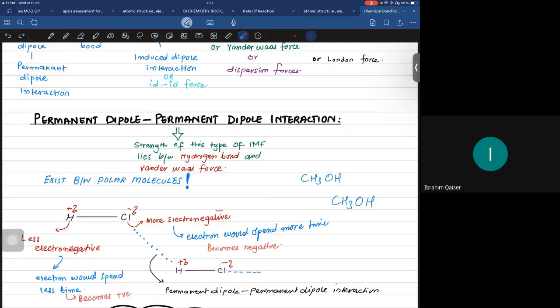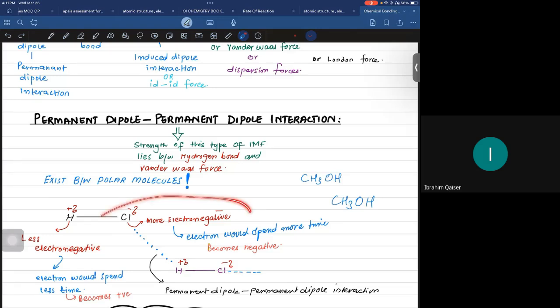So let's suppose this is your HCl. Hydrogen is less electronegative. Chlorine is more electronegative. Due to the high electronegativity of chlorine, electronegativity means the ability of an atom to attract electrons towards itself.